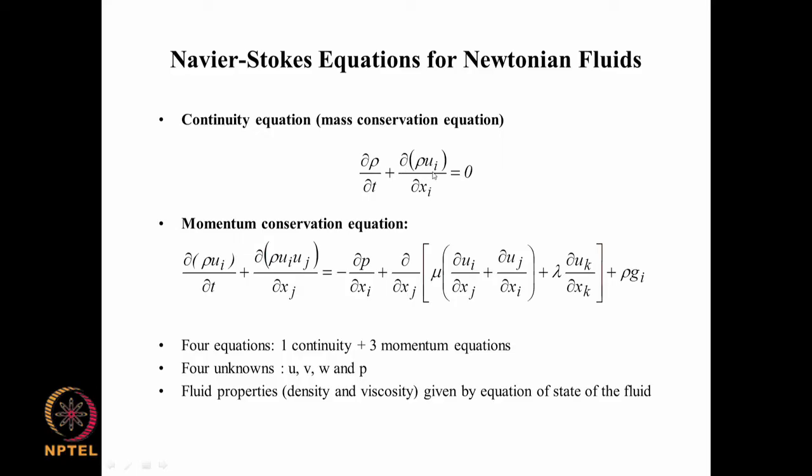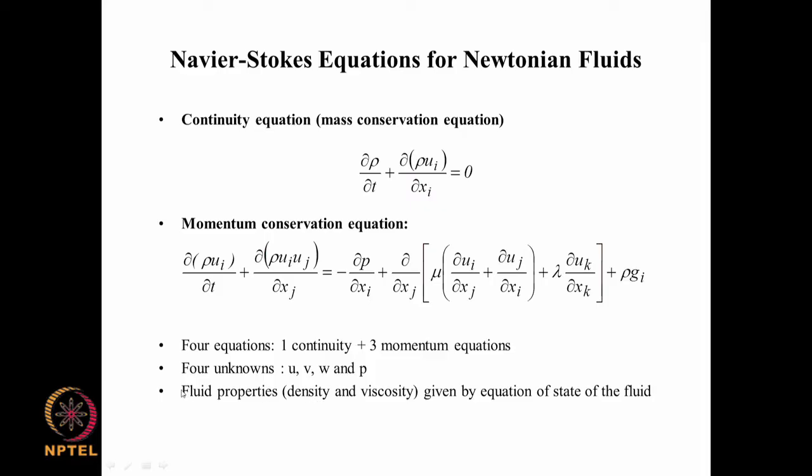These equations together have the three velocity components, that is u, v, w in the Cartesian coordinate system, and pressure p as the unknown variables, and they also involve three material properties: the density, the first coefficient of viscosity, and the second coefficient of viscosity.